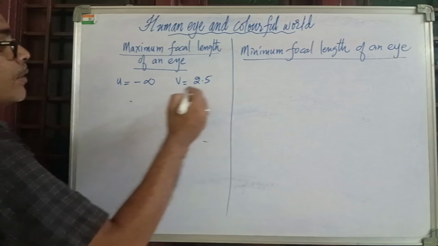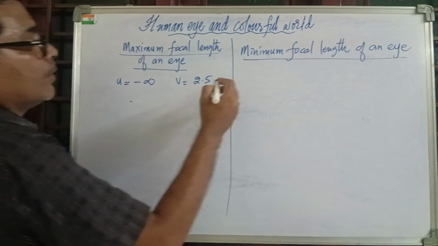In the same manner, we will continue with minimum. For minimum, u is minus 25, and since you are speaking of the eye only, v is equal to 2.5 centimeter. Maximum focal length of an eye: 1 by f is equal to 1 by v minus 1 by u.